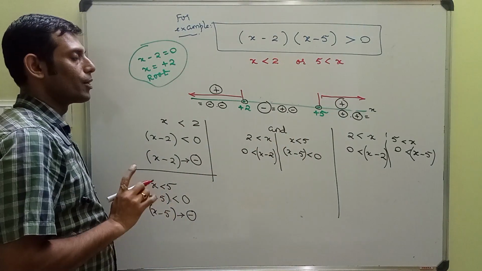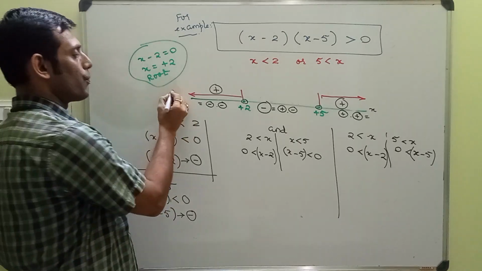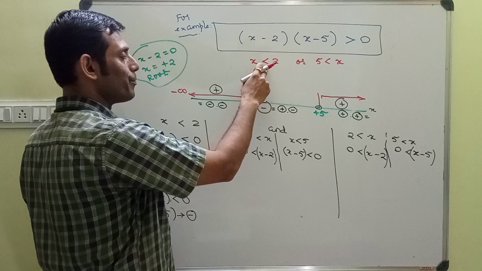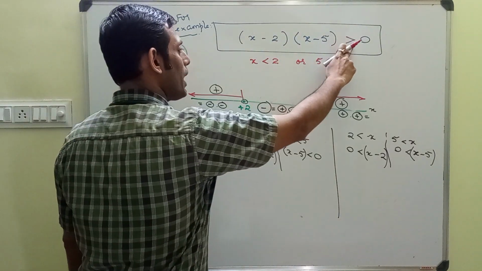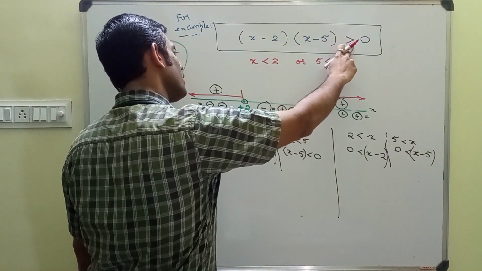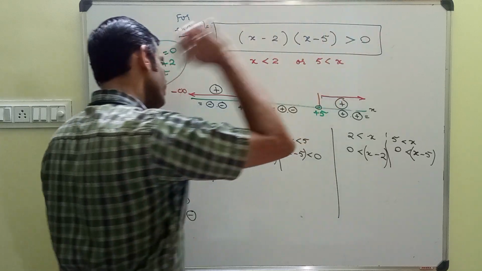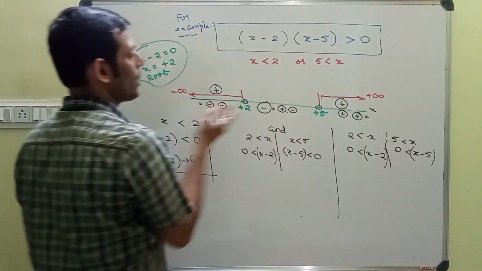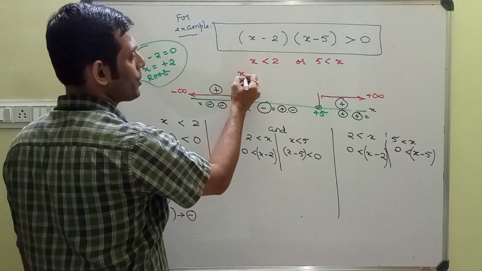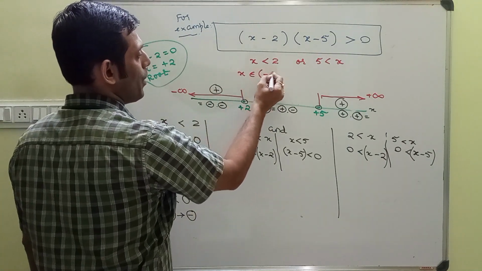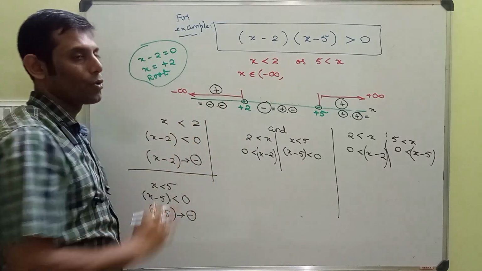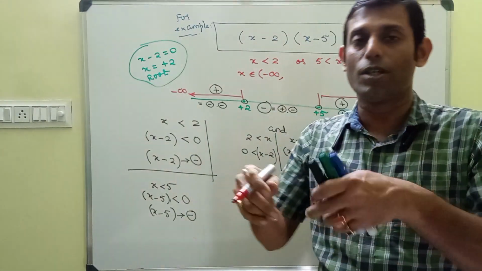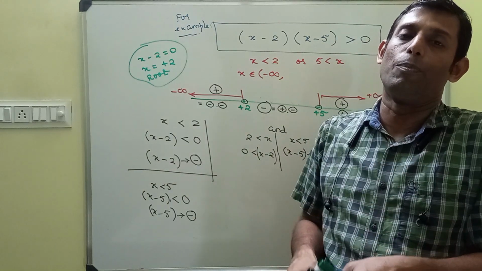What exactly do I write here? From minus infinity till 2 open, because I do not have the liberty to make this product equal to 0. And then again from 5 till plus infinity. I can write this in terms of intervals. x is an element of minus infinity, open, because I cannot take infinity or minus infinity as a certain finite locatable position.